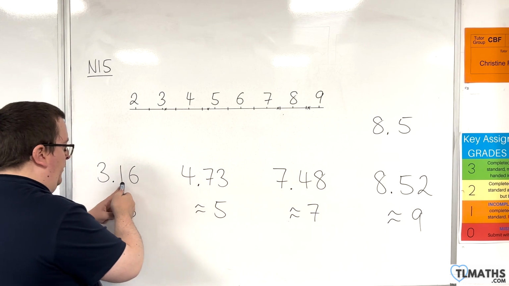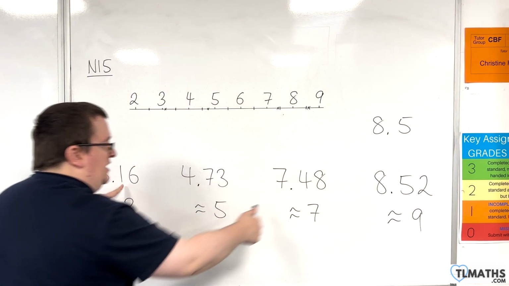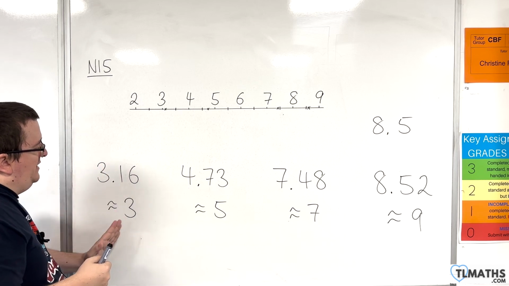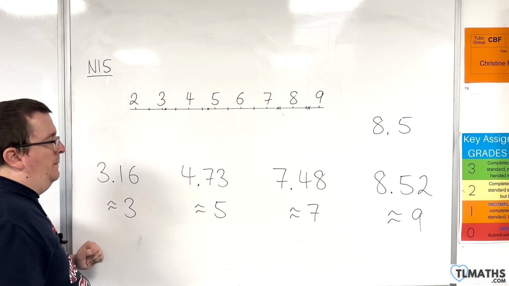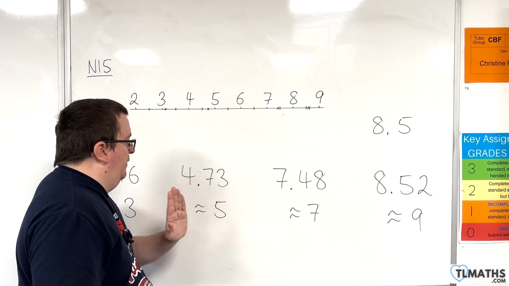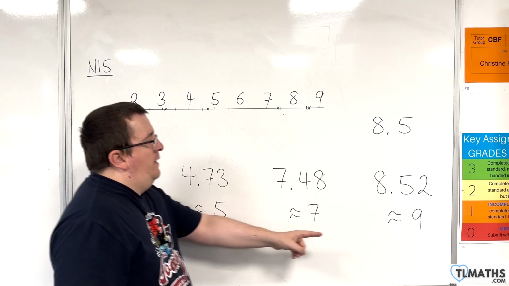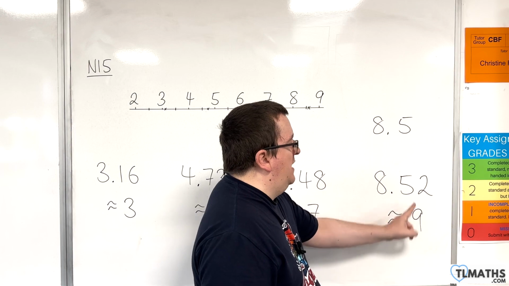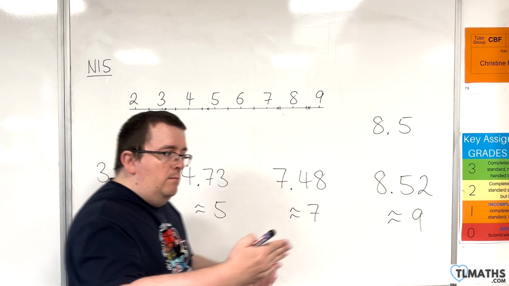So what we're seeing is that numbers that are less than 5 are rounding down. And so the numbers to the right, okay, so that first decimal point, so the tenths column, if that is less than 5, we are rounding down. If it's greater than 5, we're rounding up. In fact, if it's equal to 5, then here we were rounding up because the next value was more.